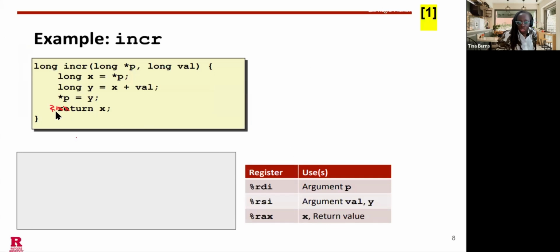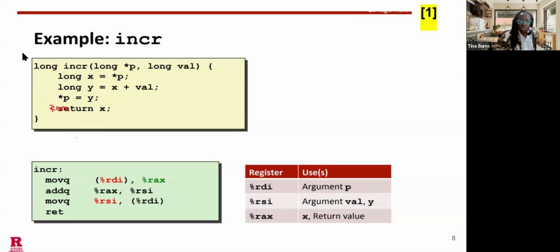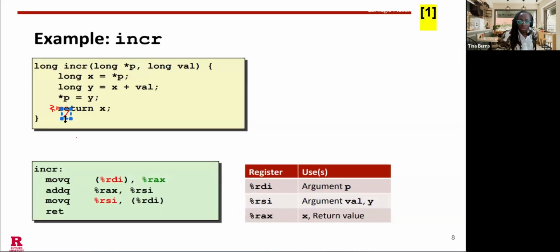RAX, right, which is what I said before. I'm just going to clear all that. But as I stated before, I suspected that the return value would be RAX. Now the value we have here is going to be your first argument, RDI.